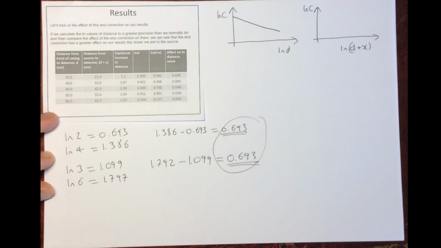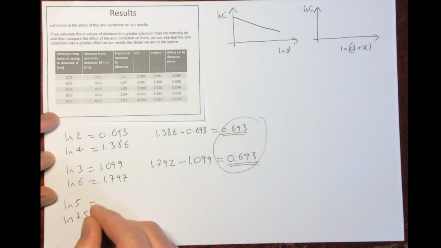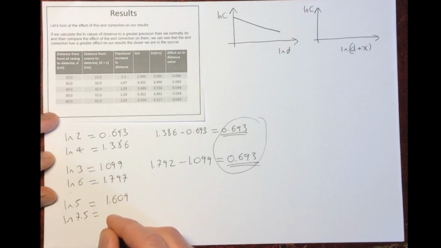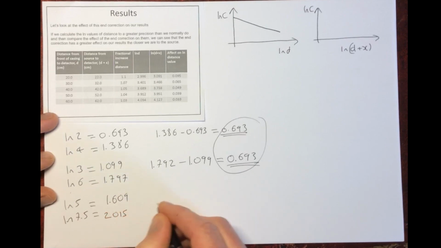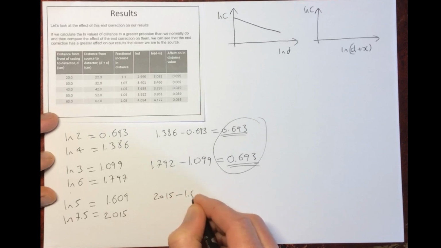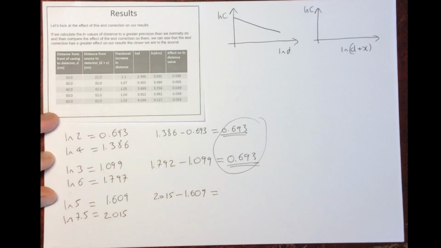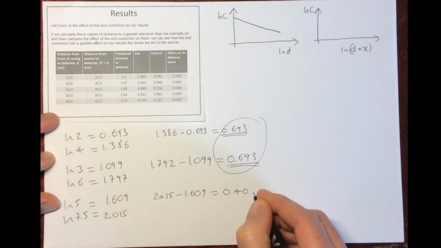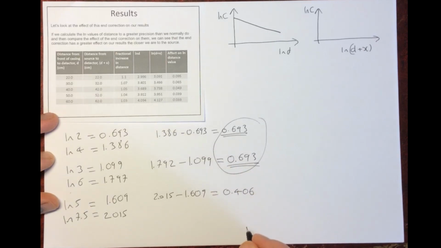Now let's say that we've got a value like ln5 and ln7.5. If you take the natural log of 5, you get 1.609. If you take the natural log of 7.5, you get 2.015. If you work out the difference between those, 2.015 take away 1.609, you get 0.406.